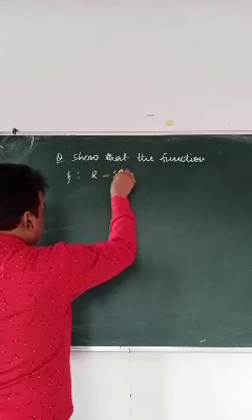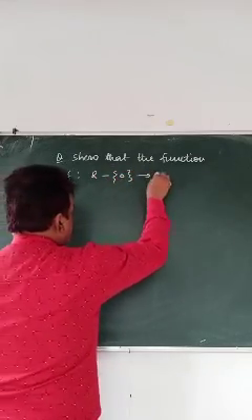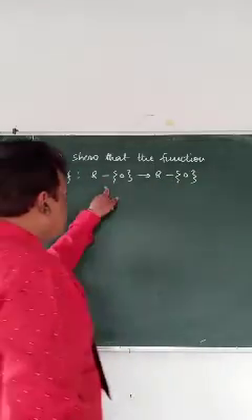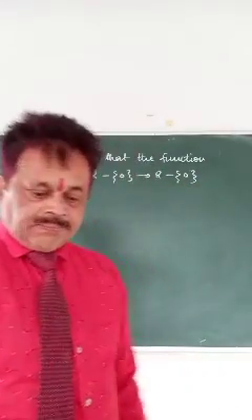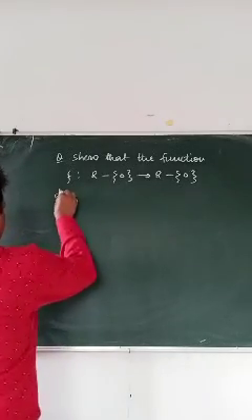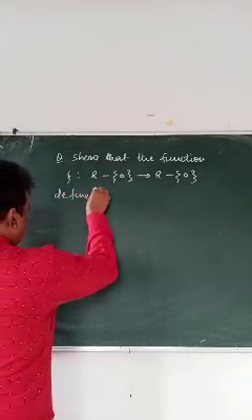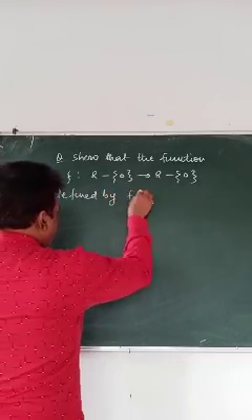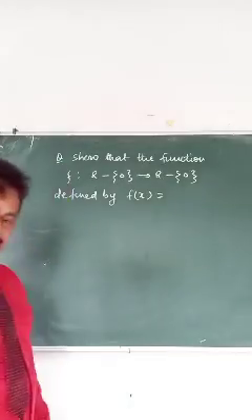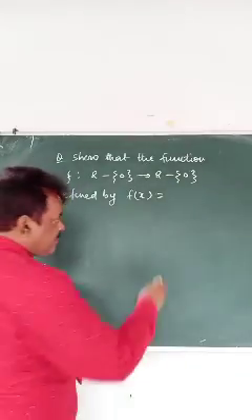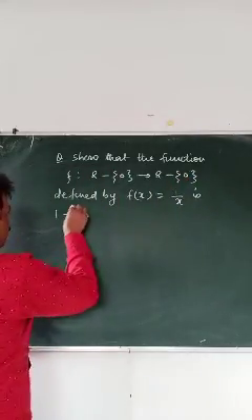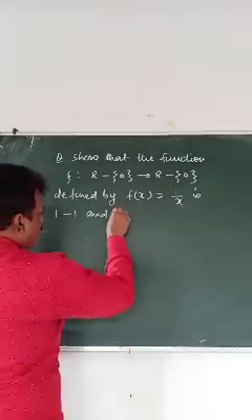Real number minus 0 to real number minus 0. All the real numbers except 0 you are taking. So, defined by f(x) equals 1 by x. Is it 1 1 and onto?